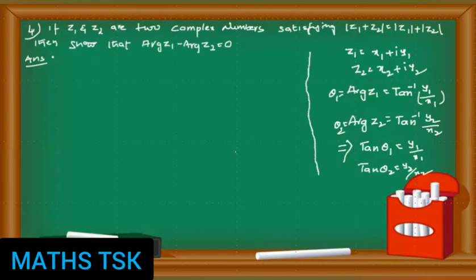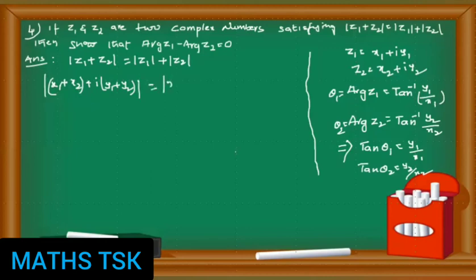Now let us take modulus of z1 plus z2 is equal to modulus of z1 plus modulus of z2. Write the values. What is z1 plus z2? Z1 plus z2 is x1 plus x2 plus i into y1 plus y2. Then modulus.